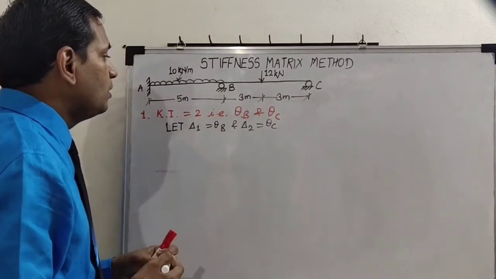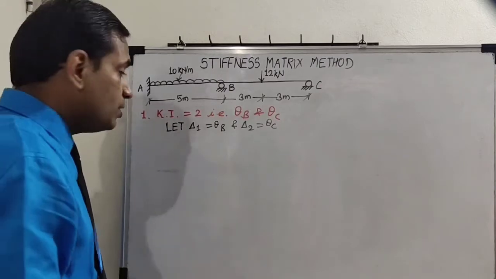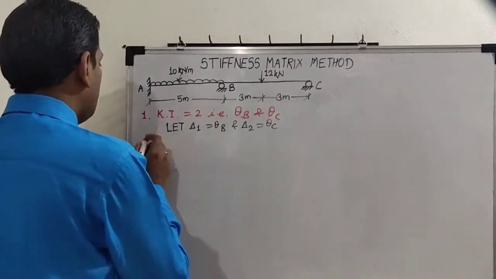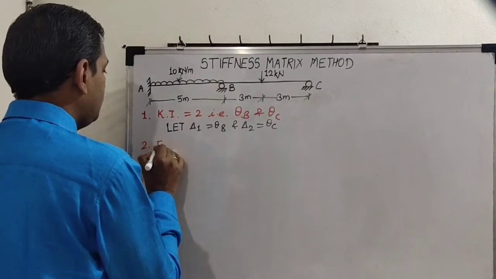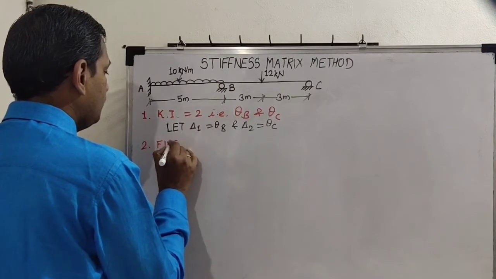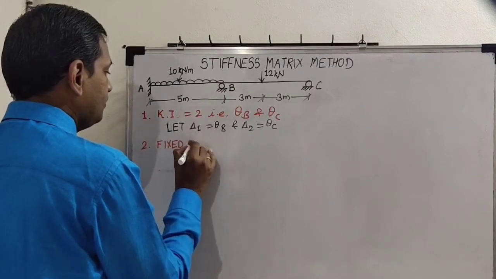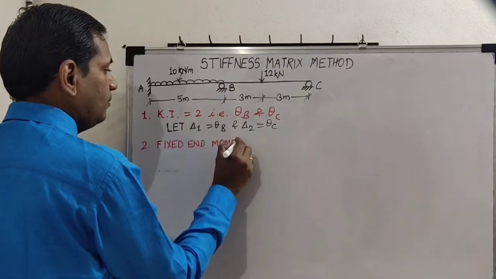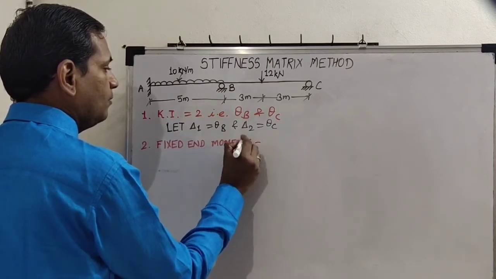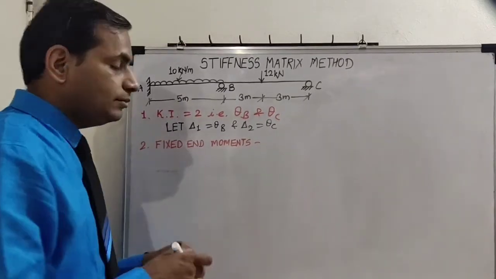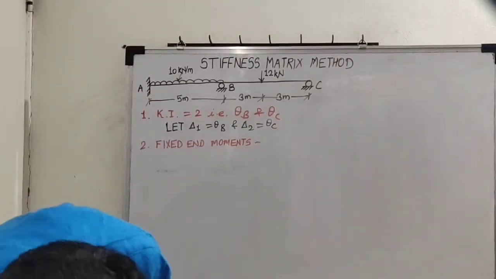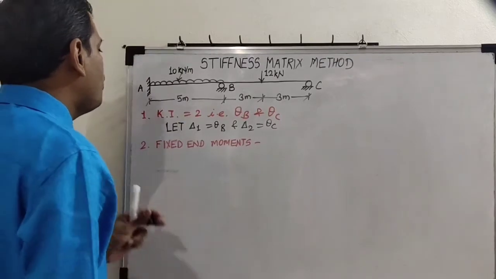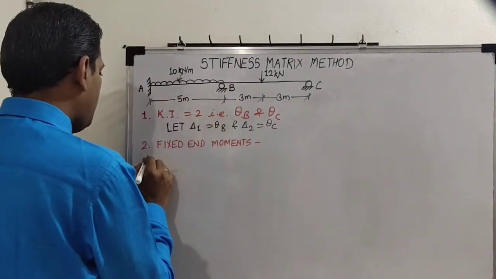So now step number 2 will be fixed end moments. So fixed end moments will be, one will be for span AB.